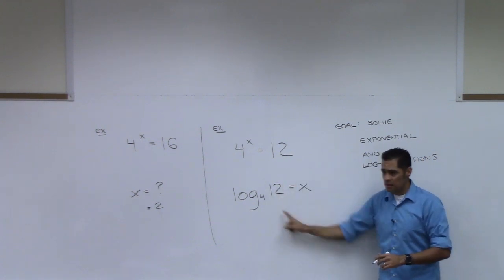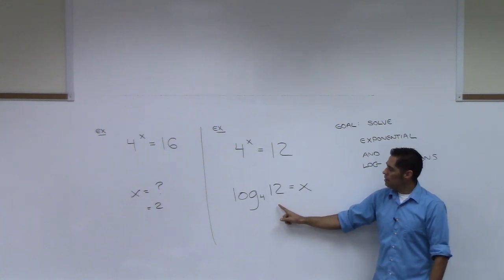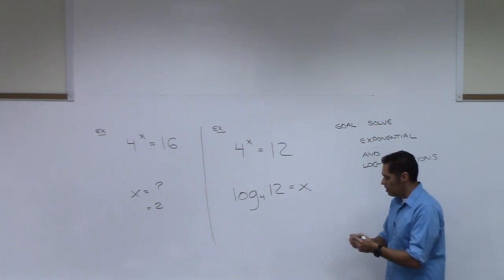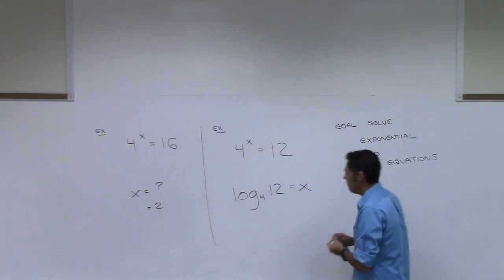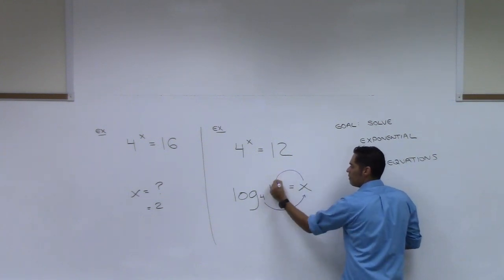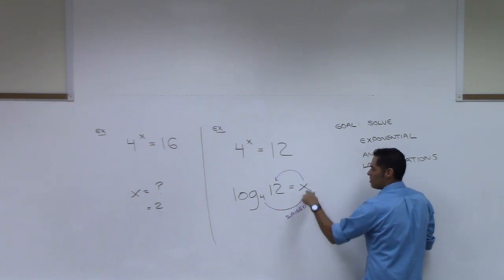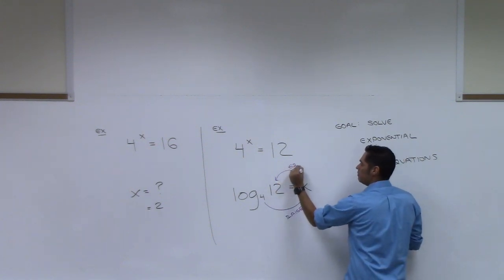This is the same thing. You can double check to make sure that it works by just doing the loop. If you do this loop, 4 raised to the x is 12.